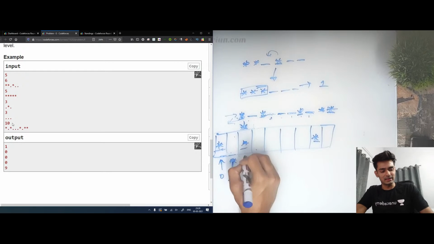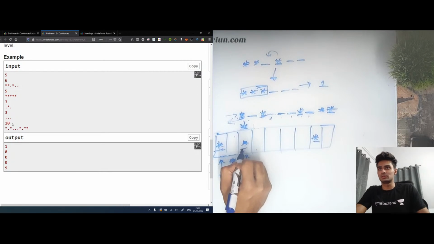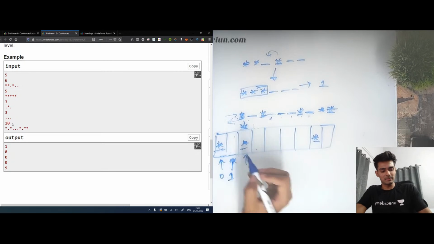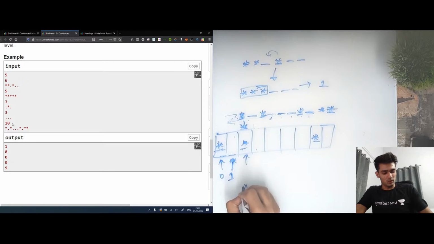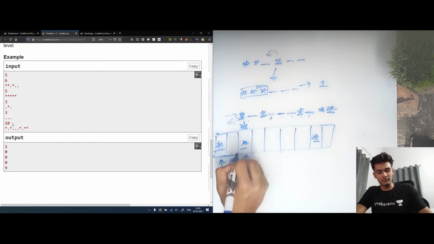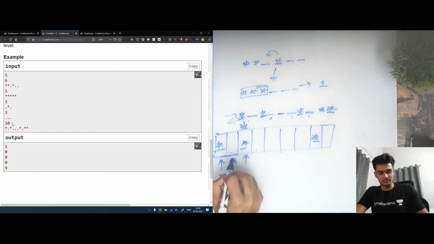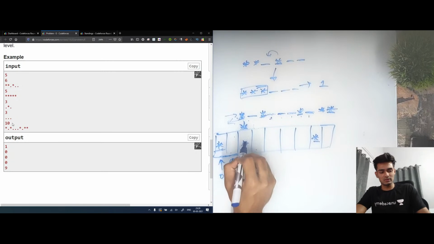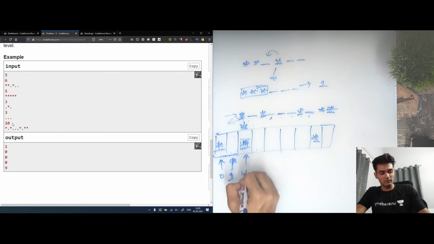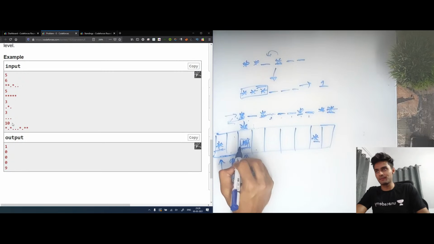Now let's come on to this index. We now see that we have two sheeps. Since we have two sheeps here, we will place one sheep here and the other sheep here. Now how to do this? We know that the previous index will have the way to keep all the sheeps at this index. Since this is also a sheep, we can just keep this sheep here and put the value of left of I minus 1, because we already had a sheep here, so this index is covered.